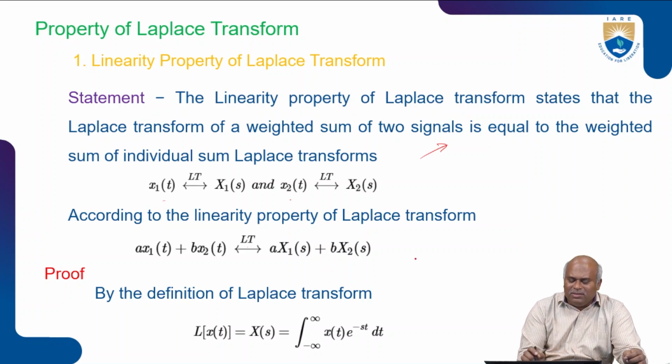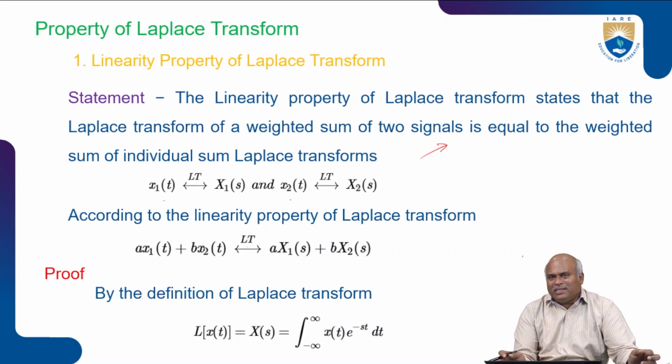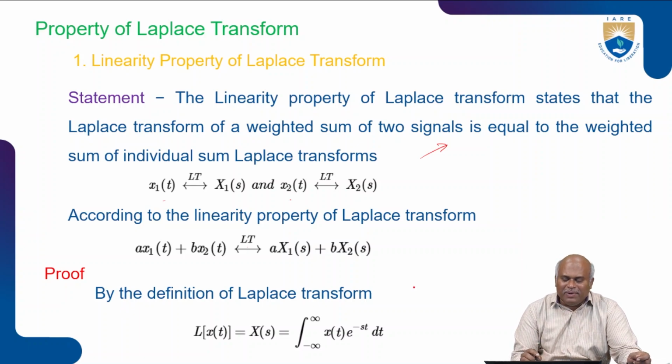Now we need to prove this, so we take the definition of Laplace transform. The Laplace transform of x of t, equal to X of s, is the integration from minus infinity to plus infinity of x of t e power minus st dt.